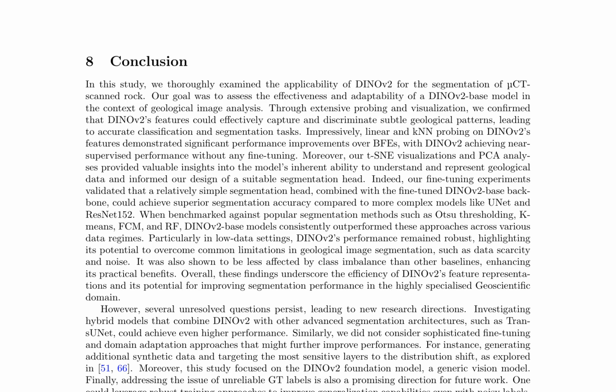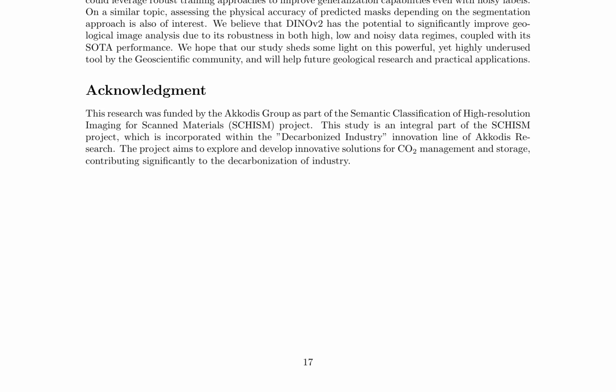DINOv2 outperforms baseline models such as UNet and ResNet 152, demonstrating robustness in low data settings and resistance to class imbalance. It also surpasses popular segmentation methods like Otsu thresholding, K-means, FCM, and RF across various data regimes.